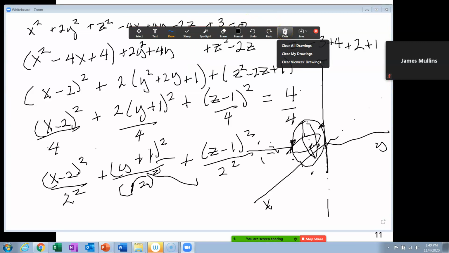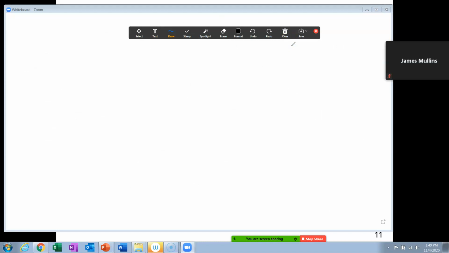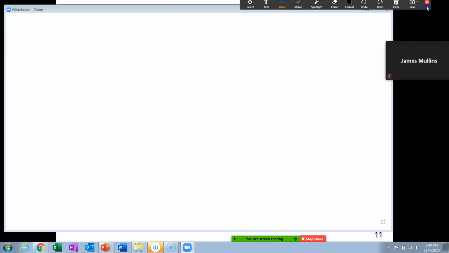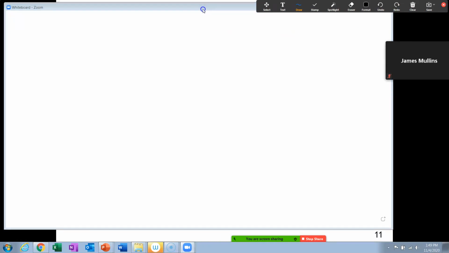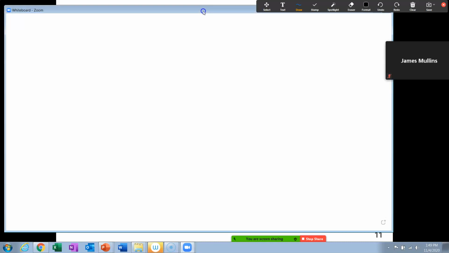Does anyone need that any longer? Okay, clear that. Now for some reason I have to move all this taskbar and everything else around. I had it all moved, and when you start something new, it all goes back to where it was before.